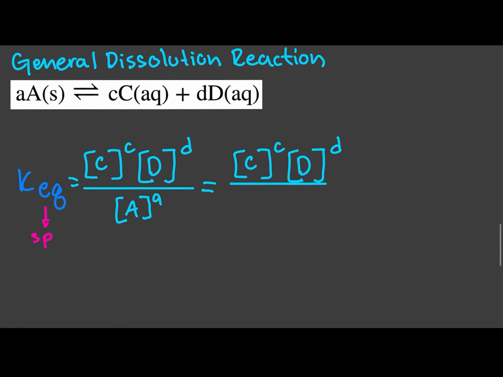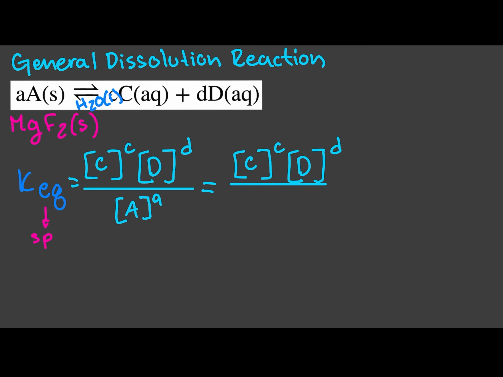Before we can calculate Ksp, we first must look at the general dissolution reaction in order to understand the origin of Ksp. The general dissolution reaction represents how we should expect a salt, in this case I'll say magnesium fluoride as an example, to break up into its key components in solution, and that solution is water. We can say that there's a little water right here which is not being shown in its liquid state.